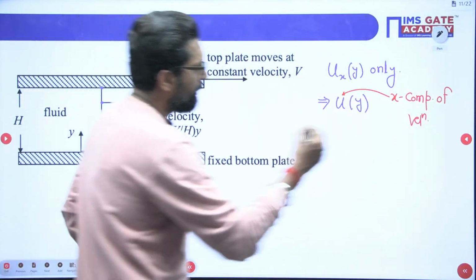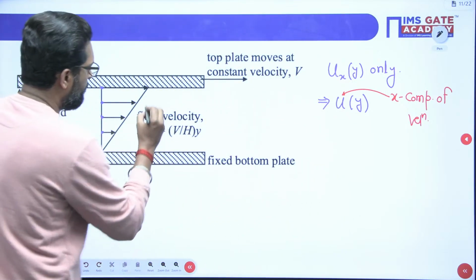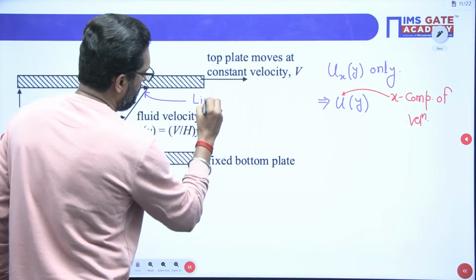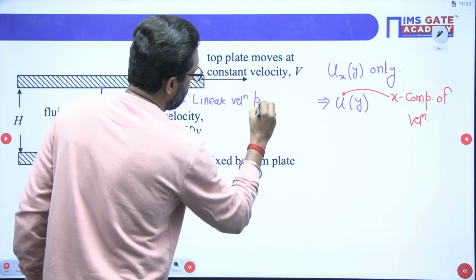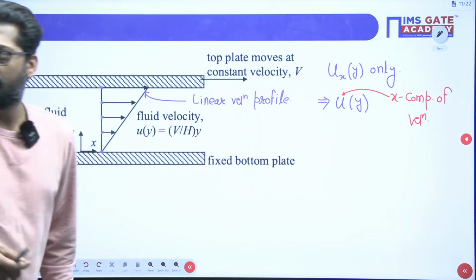Okay. So this is the x velocity component. Now, my dear, see, this is your linear velocity profile. Yes or not? This is your linear velocity profile.